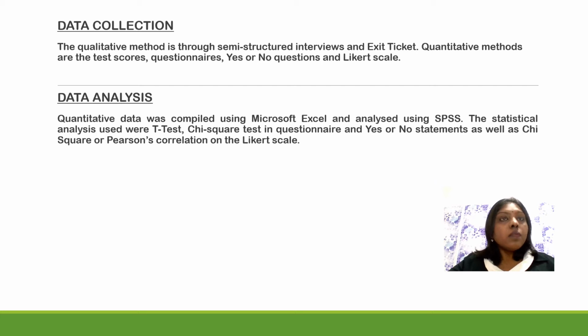All the data was compiled using Microsoft Excel and analyzed using SPSS. The statistical analysis used a t-test, chi-square test in questionnaire, and yes or no statements, as well as chi-square or Pearson correlation on the Likert scale.